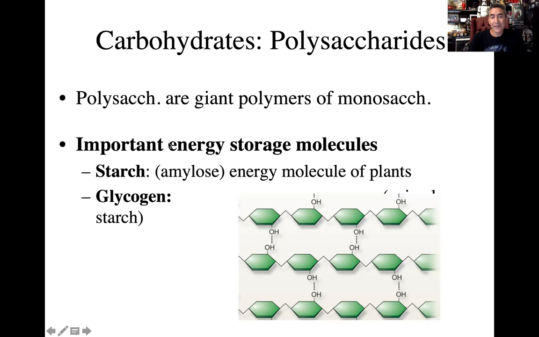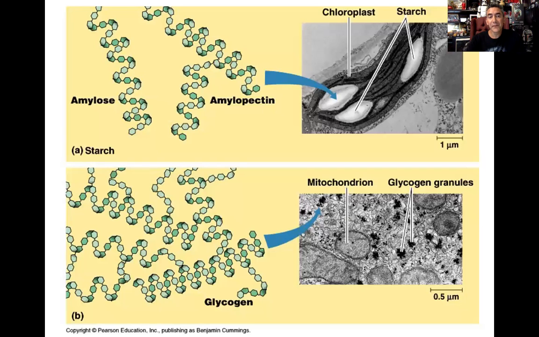These are associated with energy. When we think about polysaccharides, you're thinking about energetics. Molecularly, they're similar, made up of these little monosaccharides. Starch is a slightly different shape, not by much.